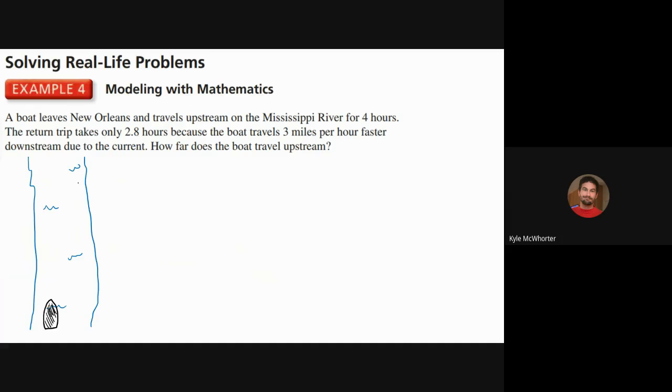Okay, so it travels upstream for 4 hours. So it's going to go this way. And that took 4 hours. Then it turns around and comes back, and that only takes 2.8 hours.